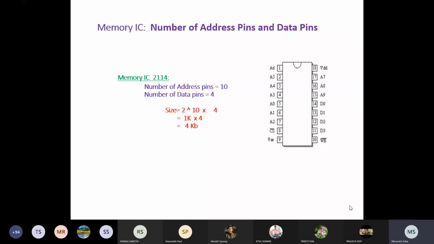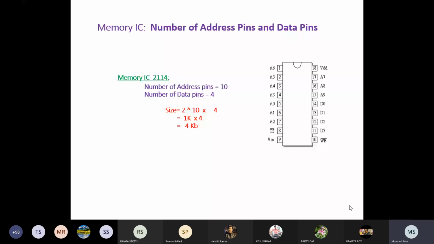It can store 4kb. Now see that this is an 18-pin IC, and you can check that it has the addresses from A0 to A9. Pin number 15 is A9 and pin number 5 is A0, so we have A0 to A9. That means 10 pins are available for address pins.